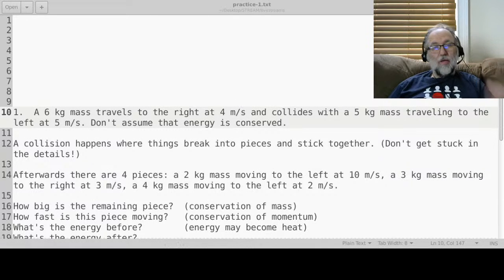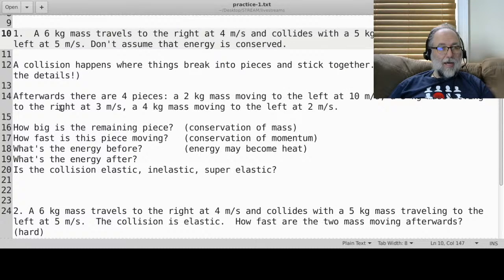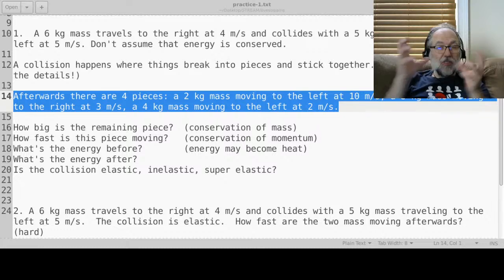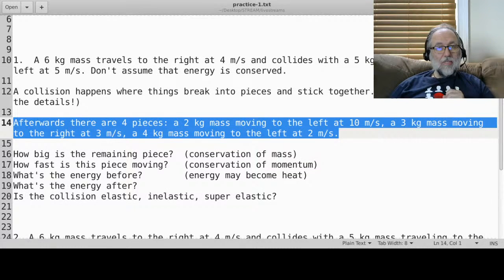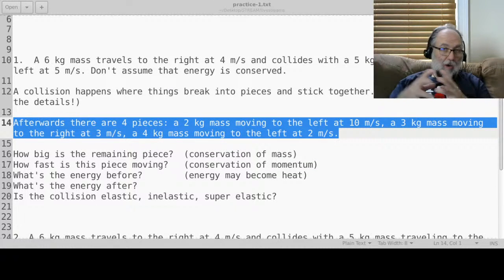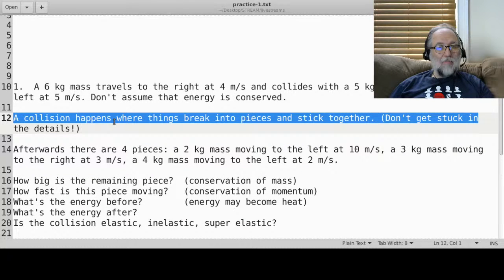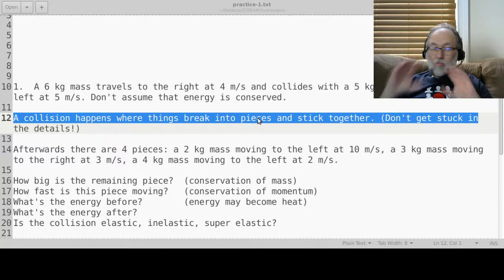Oh, sorry, I have to tell you the after. That's the before picture. In the after picture, there are going to be collisions and pieces sticking together, coming apart and sticking together, so the masses get reconfigured. But don't get caught up in the detail. I have some questions like that on the assignment too.